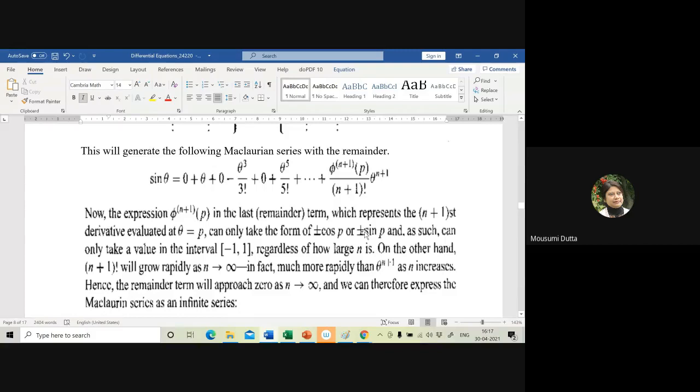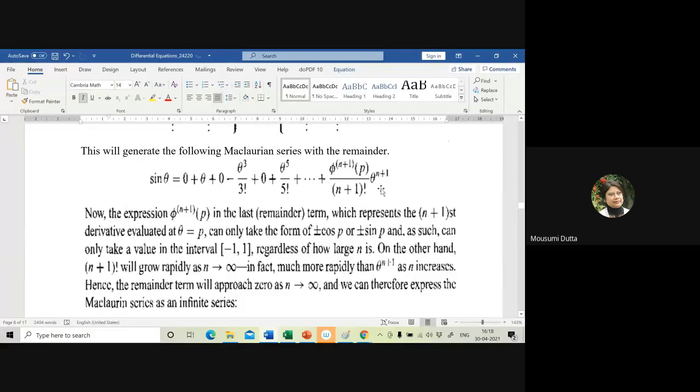So I'm repeating once again. In the remainder term in this Maclaurin series, which is the expansion of sine theta, what we are finding is that as n tends to infinity, this term will take values within the interval -1 to +1, regardless of how large n is.